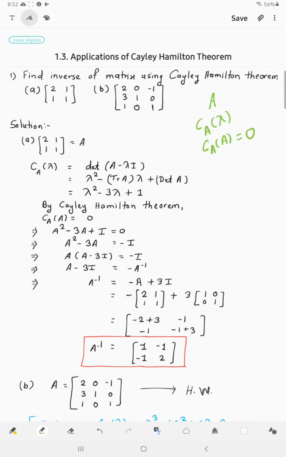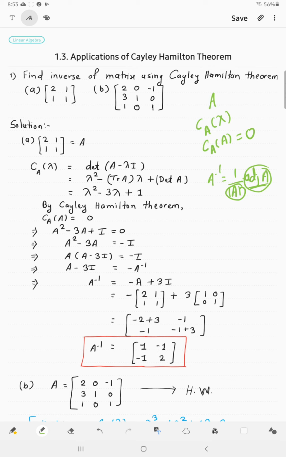As we all know, the formula of A inverse is 1 upon determinant of A into adjoint of A. We all know how difficult it is to find adjoint of A. In adjoint of A, we first find out cofactors, then we arrange the cofactors in a matrix, take transpose, then we get adjoint of A, then we find out determinant of A. But if we have Cayley-Hamilton theorem, we can find out A inverse easily. We will see the second application in our second example.